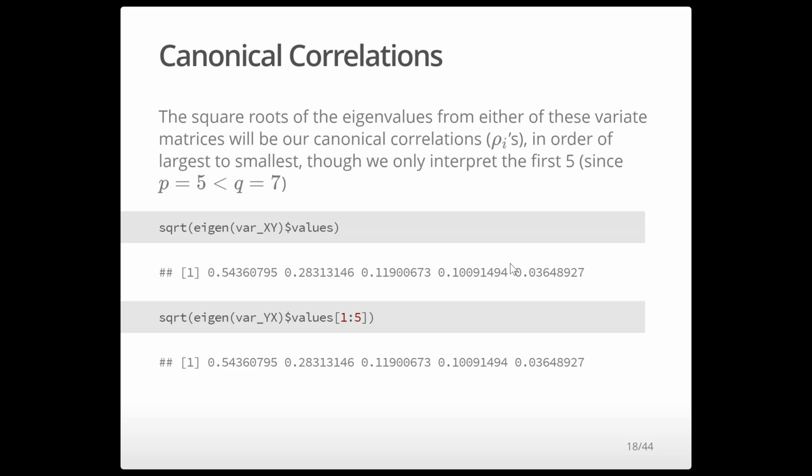Here we see that the square root of the eigenvalues for either matrix produces the exact same values. So we get the same correlations. And these are the correlation magnitudes, of course. Some could be positive and negative, but since we're just taking the square root here, we're just getting the positive roots.